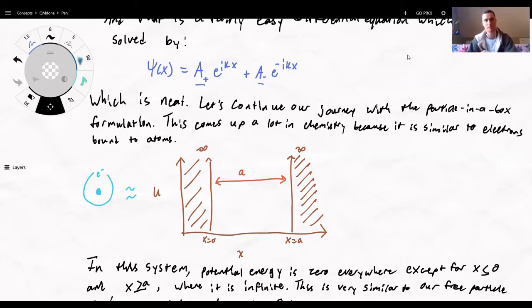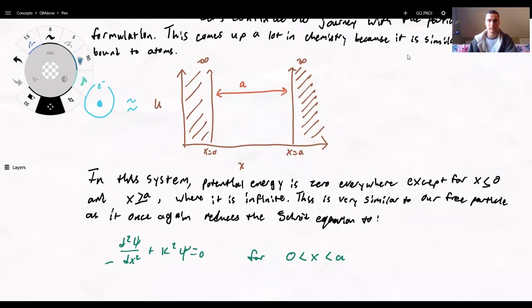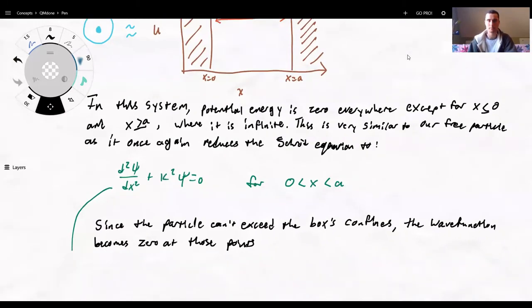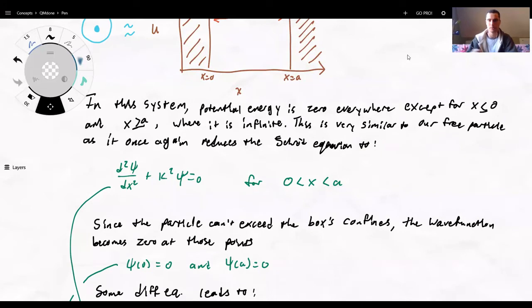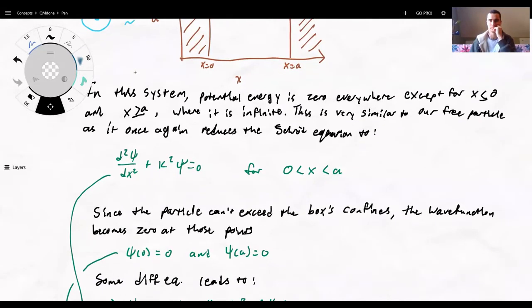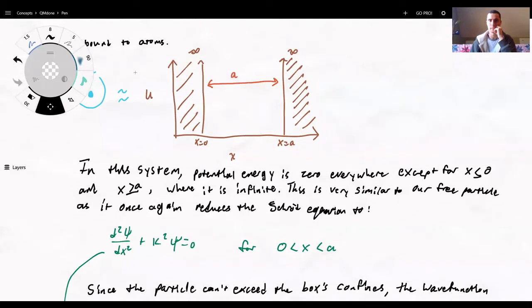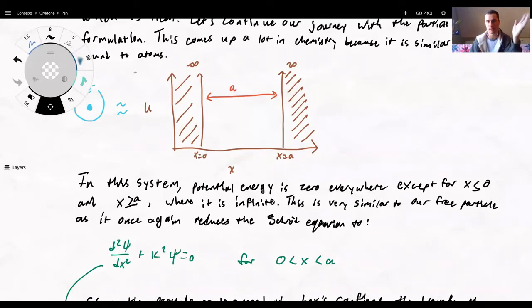So let's solve this system now. In this system, we're going to define that the potential energy is 0 everywhere except outside of the bounds of this box. So x is less than or equal to 0, and x is greater than or equal to some distance a.